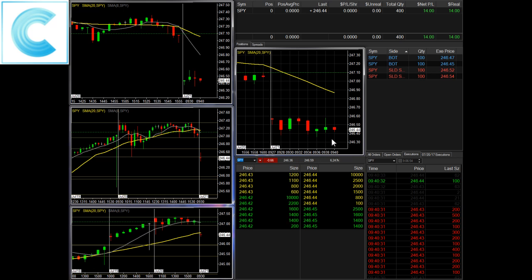Alrighty, clearly lots of back and forth. You can tell through the time and sales, a little bit of yellow and green, which means that there's a stronger indication that the price will start moving higher.